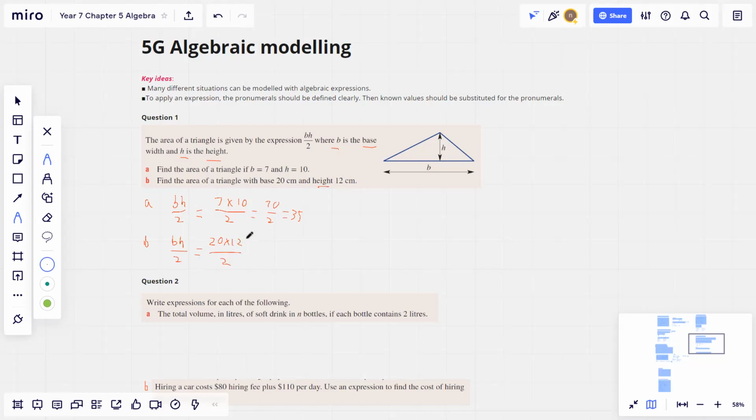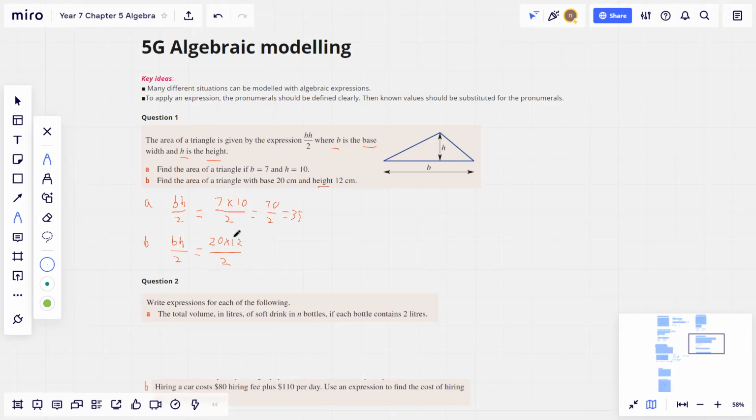Now we can use another way to do it. We can simplify this a little bit, because we have 2 in the denominator, and 12 also contains 2.